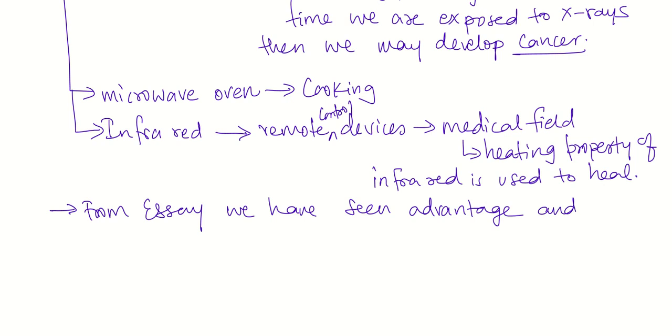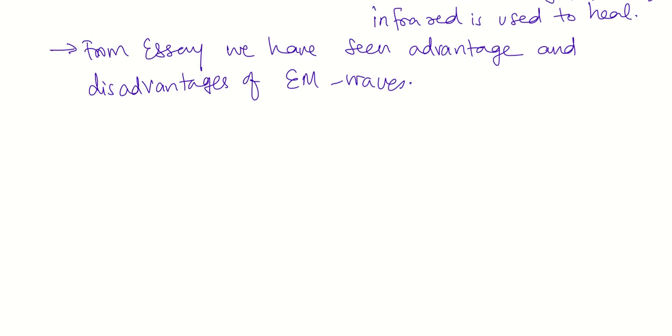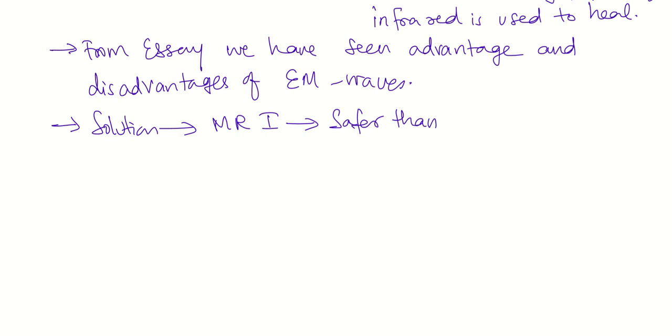You have seen some other solutions that you have stated in your essay. I have seen somebody talking of magnetic resonance imaging, which is safer than radiation treatments. Radiation, which means electromagnetic wave treatments, right?